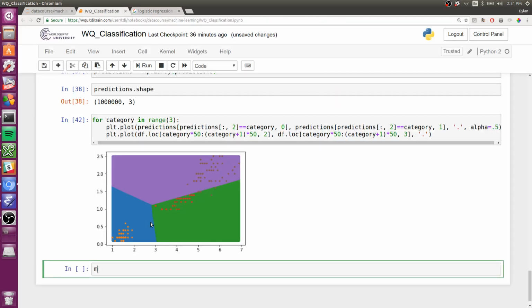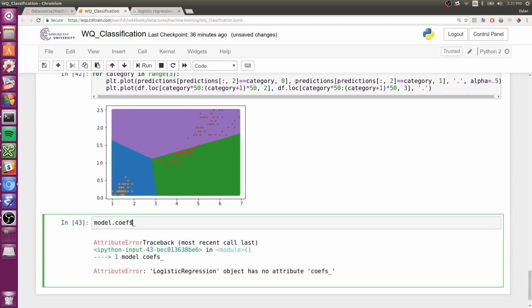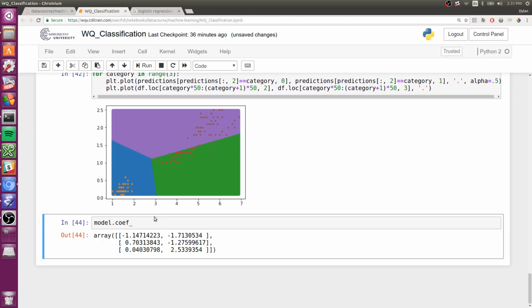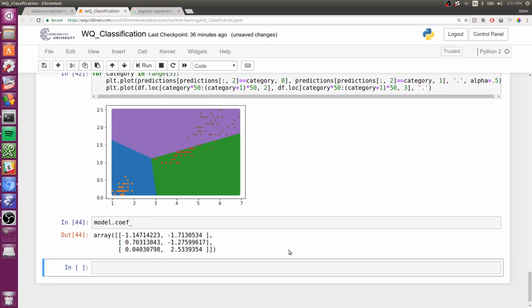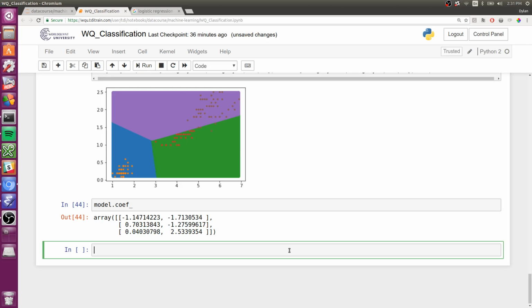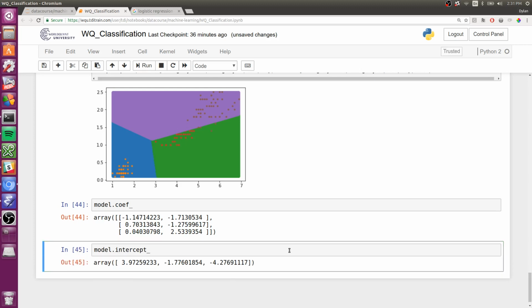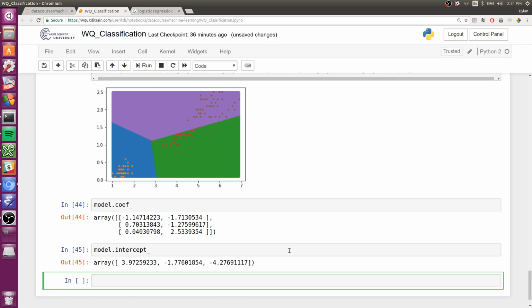So earlier I looked at the coefficient attribute of the model, and what we're seeing here is actually a linear model for 3 different categories. So we essentially have these 3 equations.